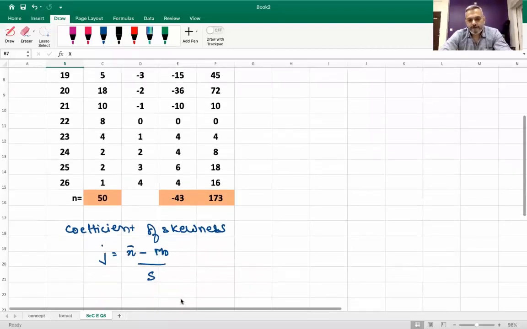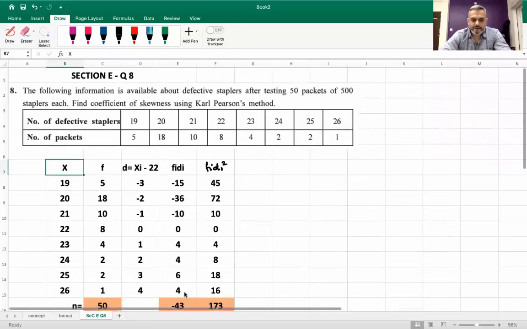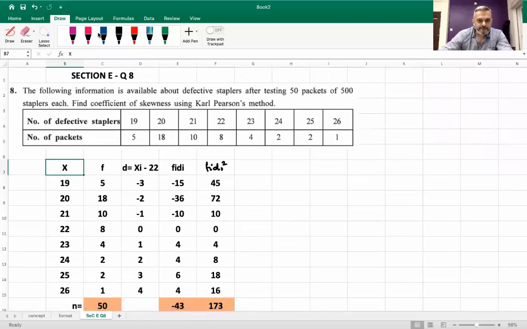Now over here, we have to find out mean, mode, and standard deviation. So first let's find out mean.